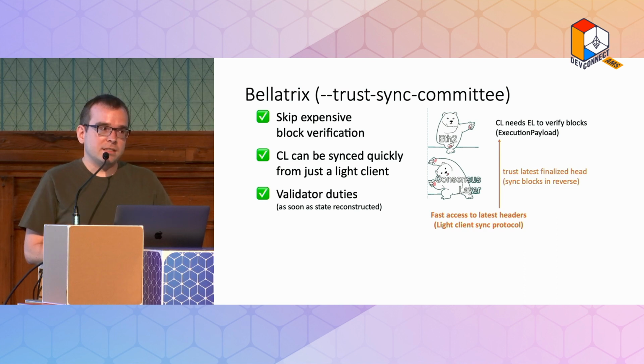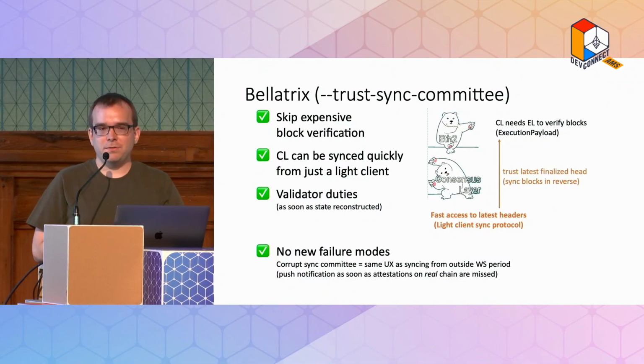Security-wise, it's very unclear how to judge it, because it depends on how likely it is for the sync committee to accept bribes. But at the very least, there are no additional failure modes being introduced.